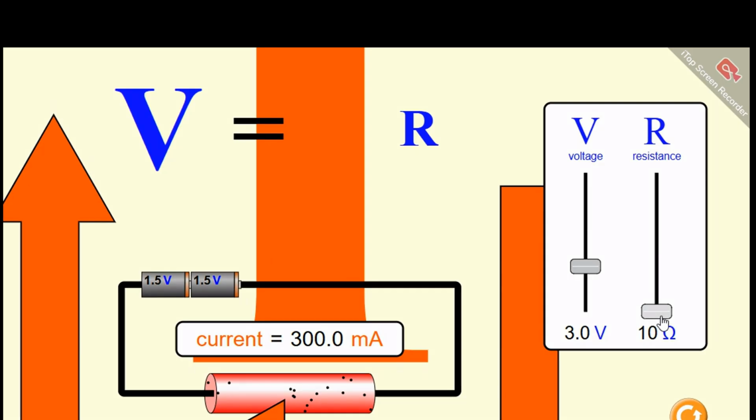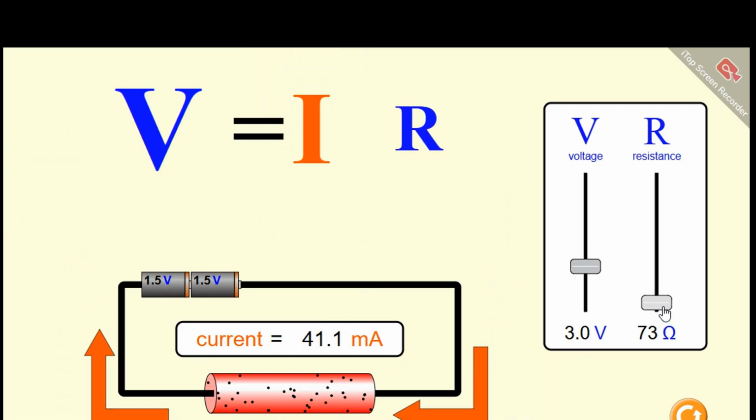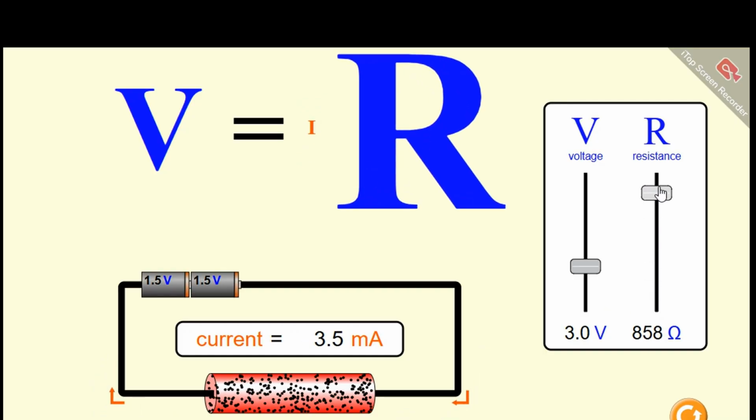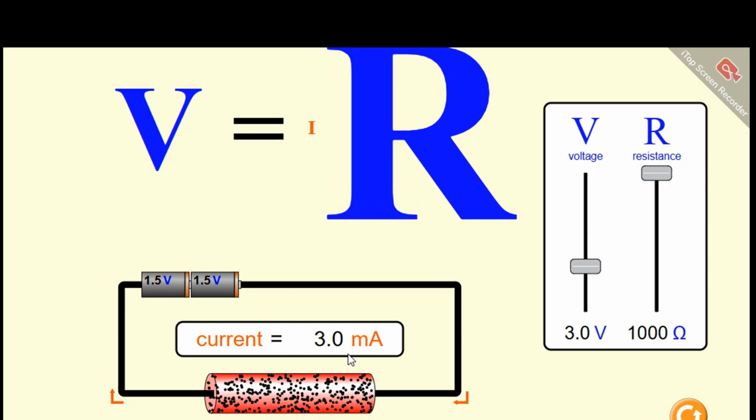But if we increase the resistance value like this, the current will start decreasing. And for maximum resistance, the current value will be minimum for this voltage of 3 volts.